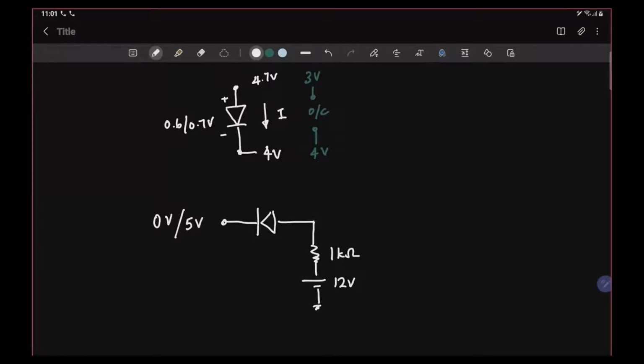Then we're going to measure this point here. In your experiment, you're going to put that through an LED to see whether it turns on.